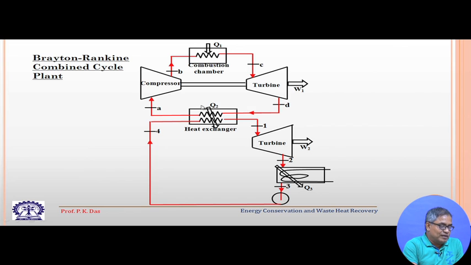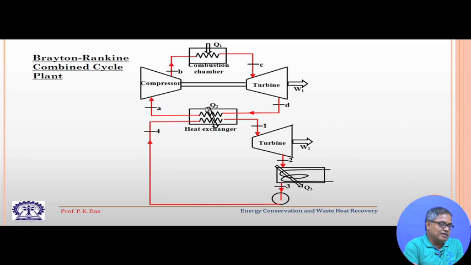So, this intermediate heat exchanger is very important for the combination of Brayton and Rankine cycles. In the actual case, of course, this cycle will not be a closed cycle.